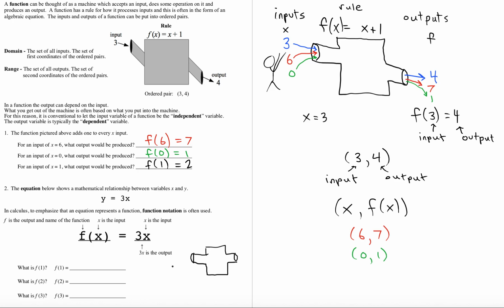Okay, if I throw a 1 in on the left side, a number that's 3 times as big has to come out on the right side. So what comes out? 3. And that's the answer. Try the others for yourself.